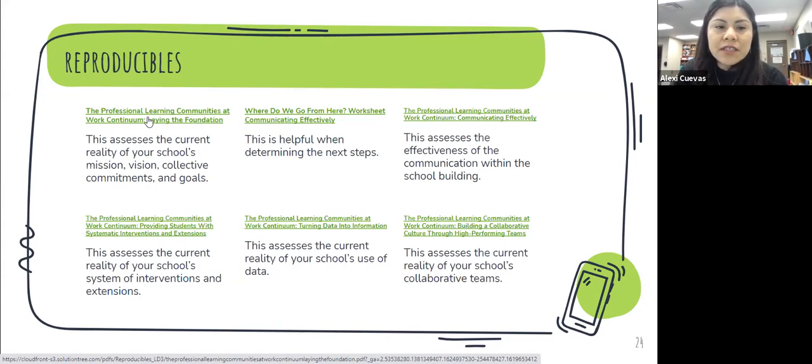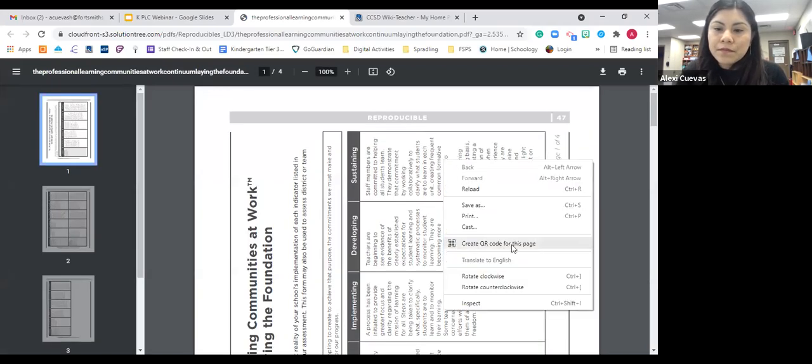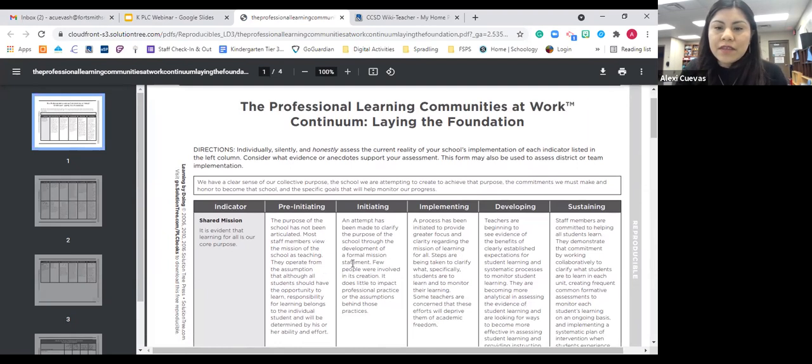So this very first one is the continuum for laying the foundation. So this survey will assess the current reality of your school's mission, vision, collective commitments, and goals. So they all have the similar outline of the survey.